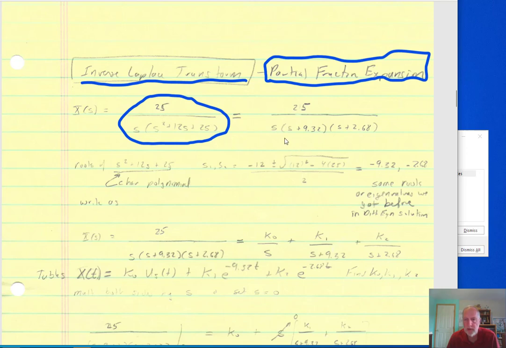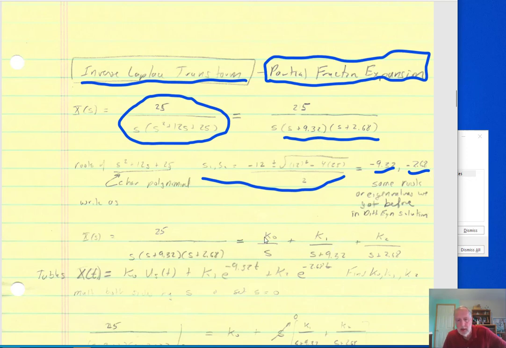So the first thing is to factor the polynomial. And these are those same factors that we got in the solution that we did before. Use either your calculator, MATLAB, or the quadratic formula, because this one's second order, and we get these same roots of the characteristic equation that we had before.